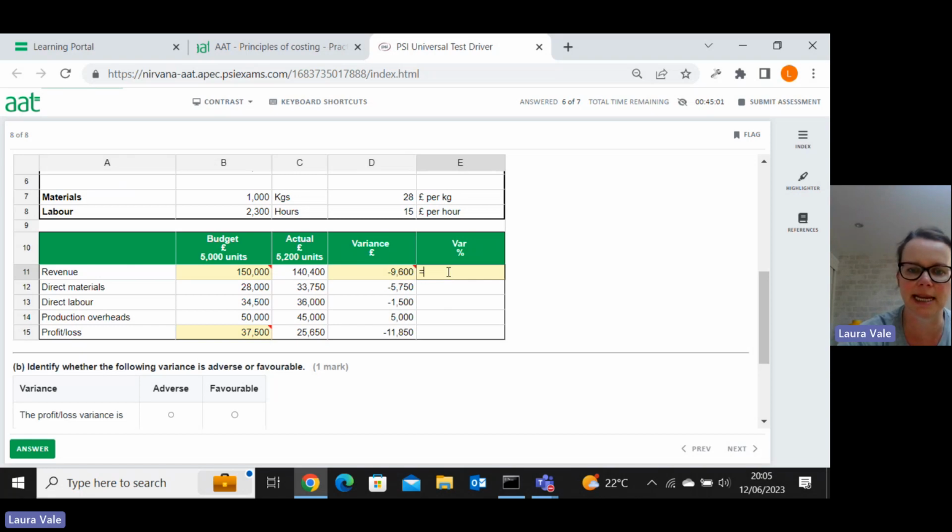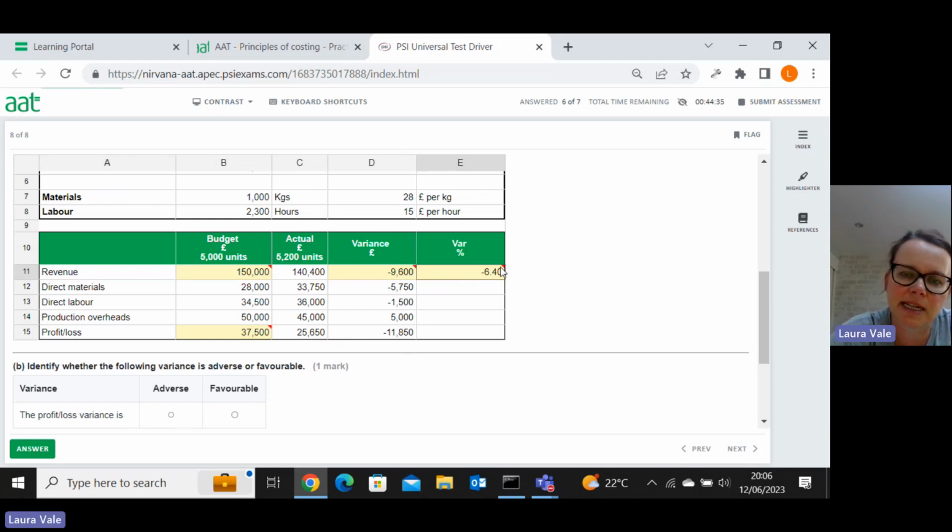Every formula starts with equals. So we want D11, this figure here, divide by the budget, which is B11, and then times 100 to turn it into a percentage.